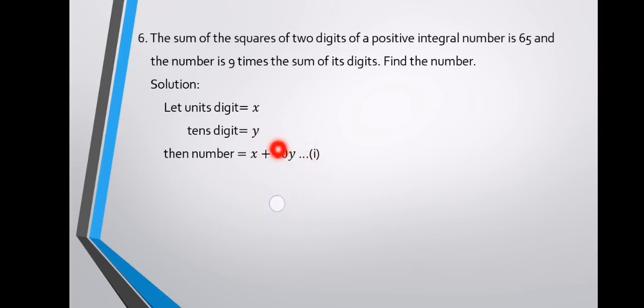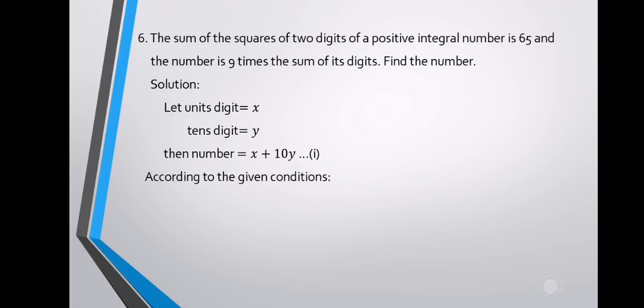So that is why we have assigned them the variables x and y. So we are going to find out the values of x and y, and the number is x plus 10y. Now we are going to apply the conditions over it.